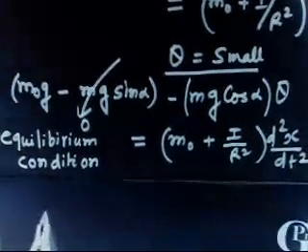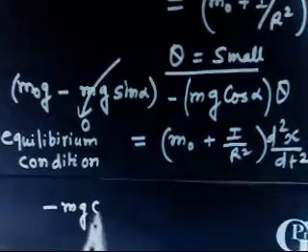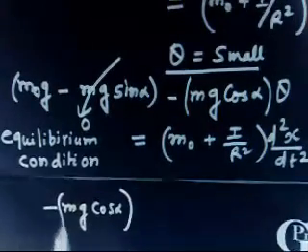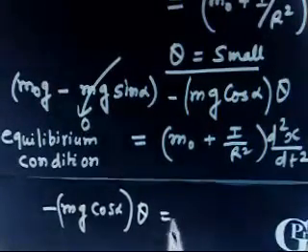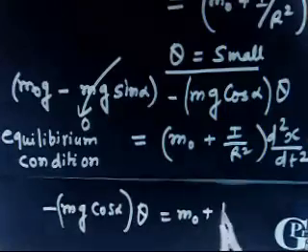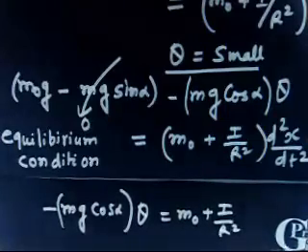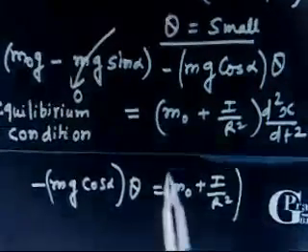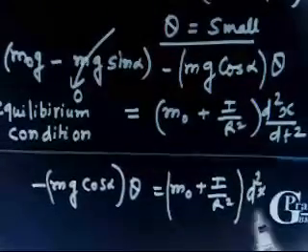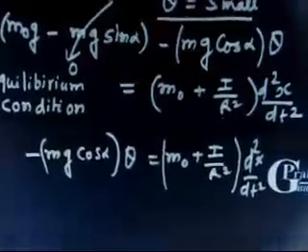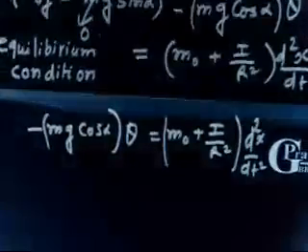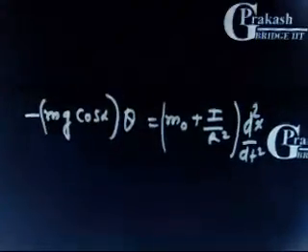So now I will have minus mg cos α into θ is equal to (m₀ + I/r²) d²x/dt². Now I have also written x equals rθ, so I can replace θ.